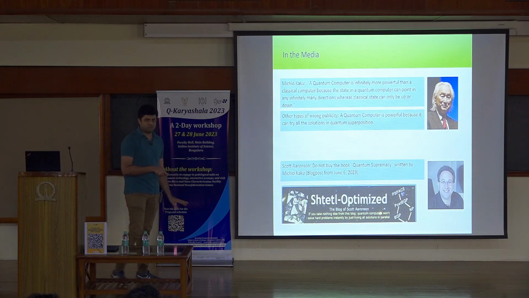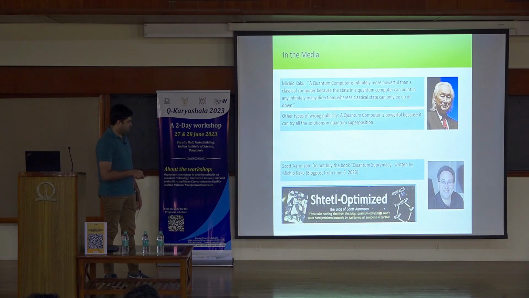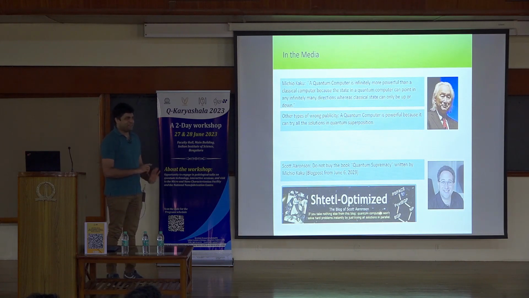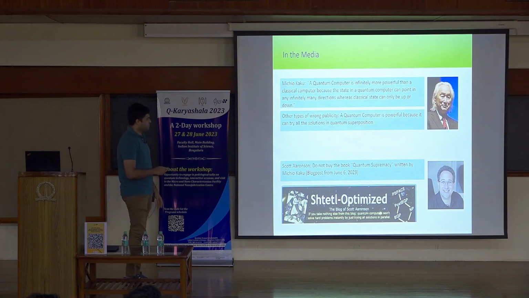He keeps a very nice blog, and a very recent post on Michio Kaku's book, Quantum Supremacy, says don't buy that book. On his blog he says, if you take nothing else from this blog, quantum computers won't solve hard problems instantly by just trying all solutions in parallel. You should not have such views on it.